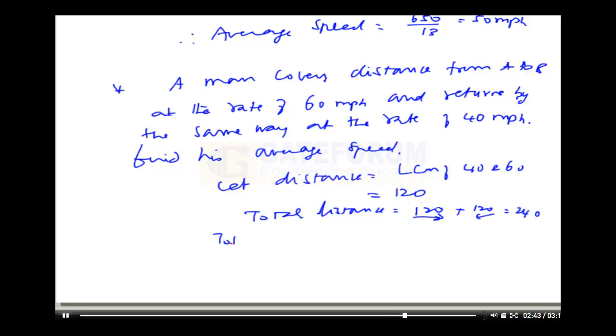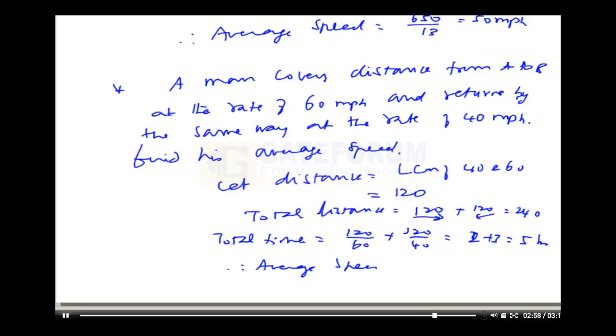And if you look into the total time, one way 120 is covered at 60, the return 120 is covered at 40, so we'll get 2 plus 3, 5 hours. Therefore, average speed is equal to total distance by total time, that gives you 48 miles per hour.